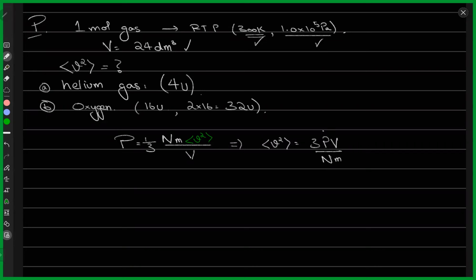All right, so this is what we have now. We have pressure, we have volume, which is 24 decimeters cubed. What about this thing, N and M? Anyone? Okay, so let's do it for helium gas first.